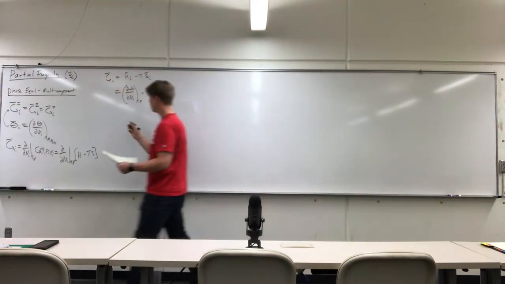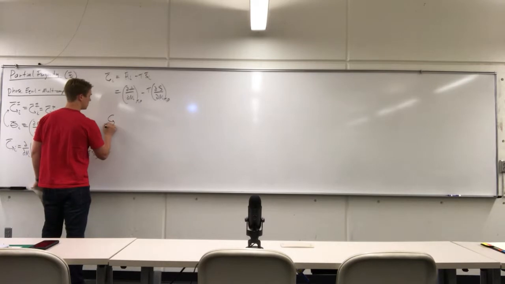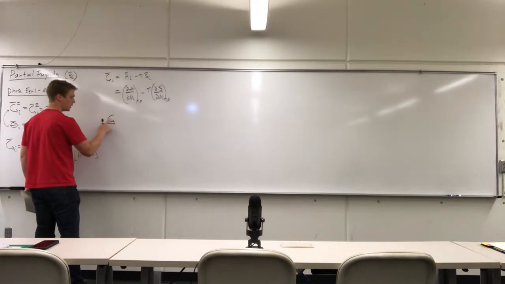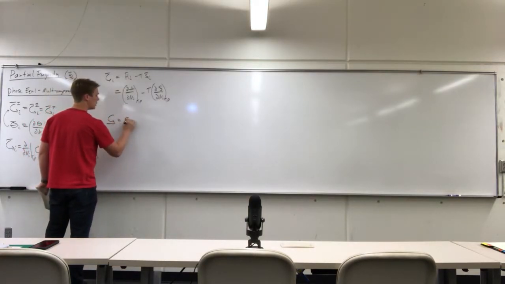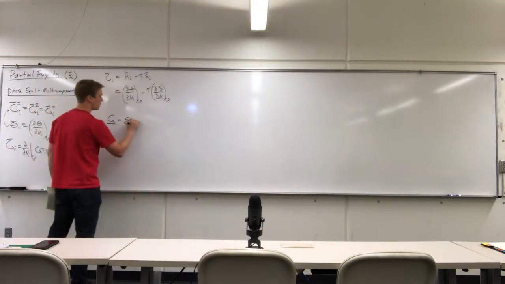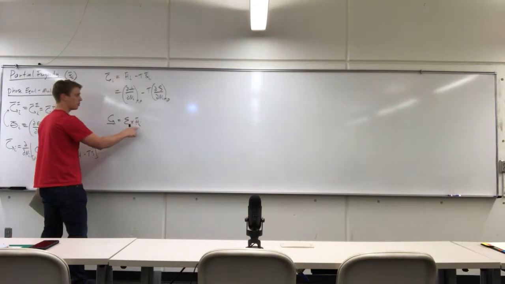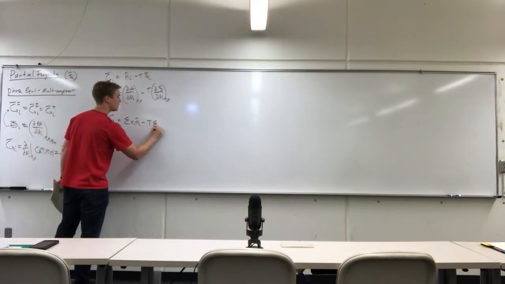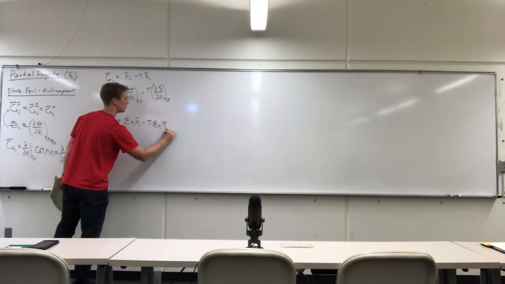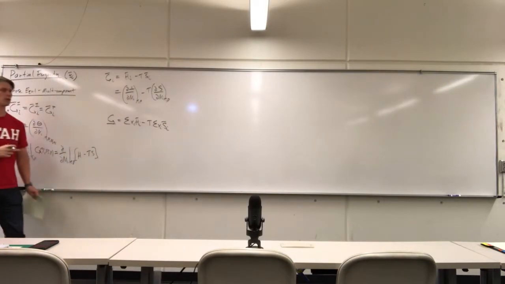So we can write then that the Gibbs of the mixture, so G underbar, is going to be equal to the summation of the partial molar enthalpies minus the summation of the partial molar entropies.